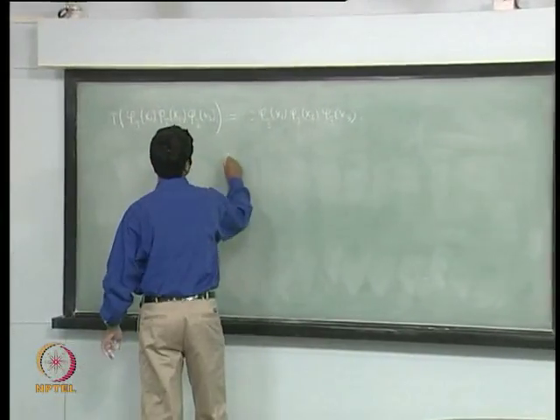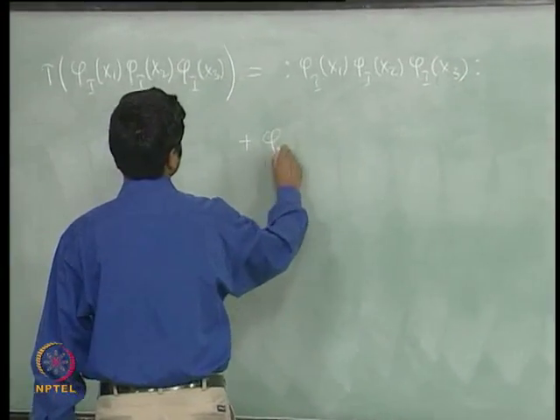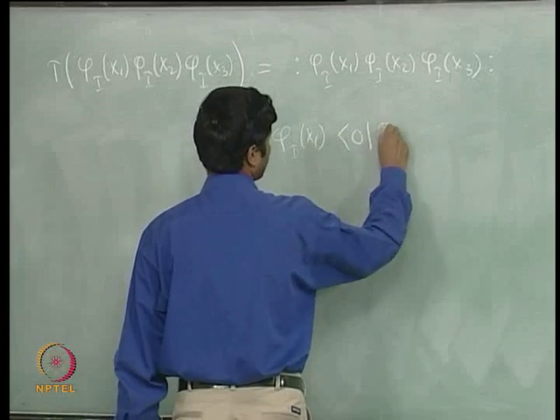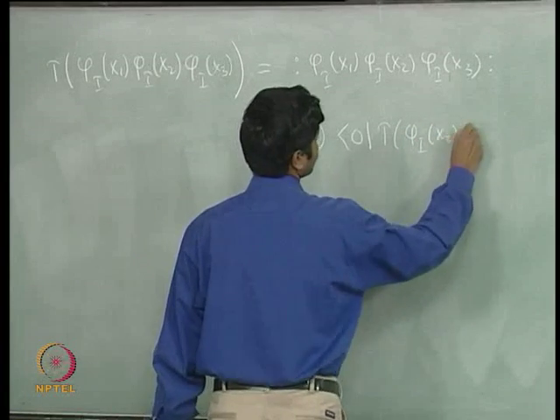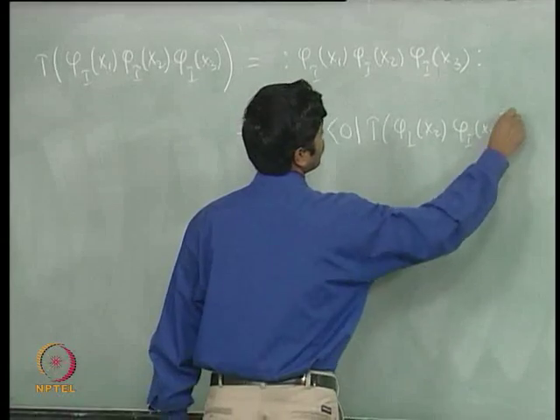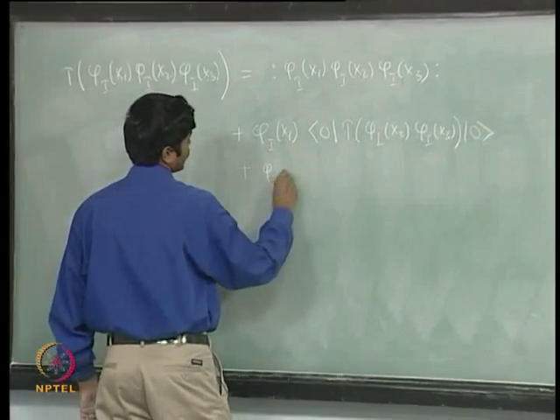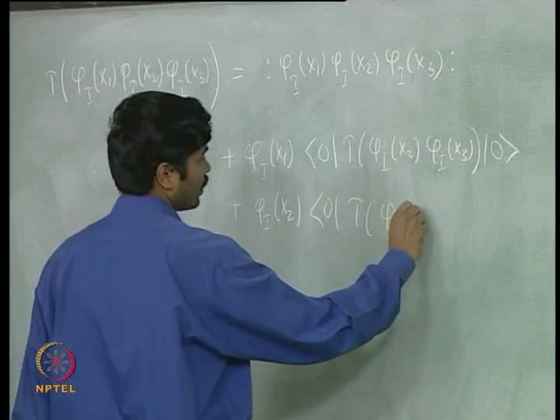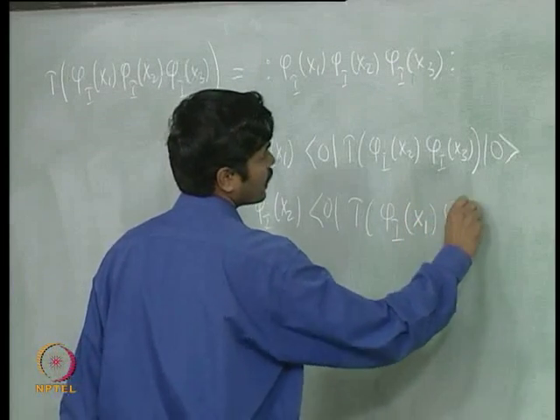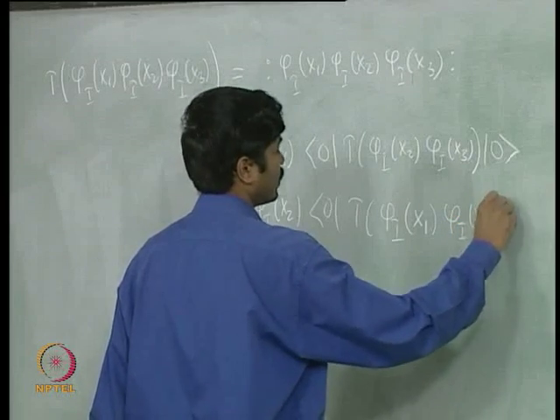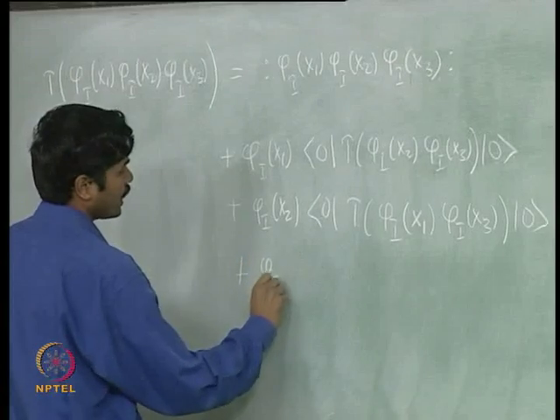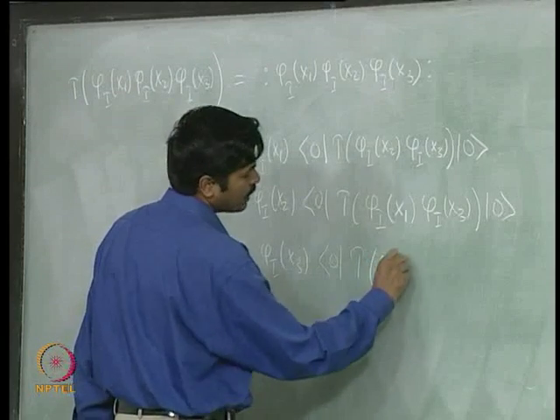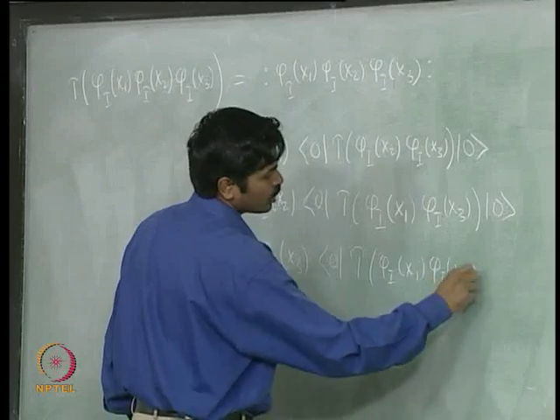So, you can convince yourself that this is nothing but phi I x 1 times vacuum expectation value of time order product of phi I x 2, phi I x 3, plus phi I x 2 times vacuum expectation value of time order product of phi I x 1, phi I x 3, plus phi I x 3 times the vacuum expectation value of time order product of phi I x 1, phi I x 2.